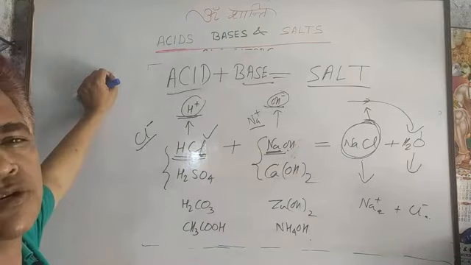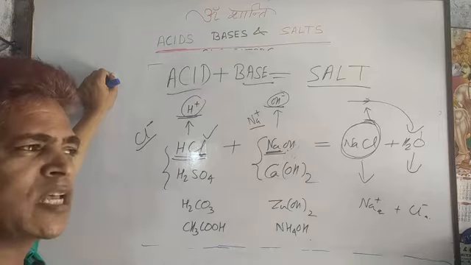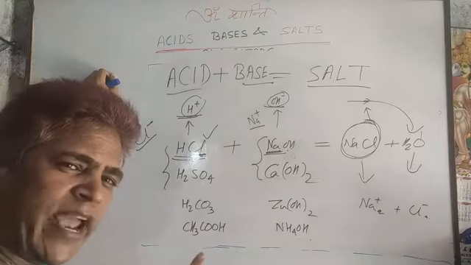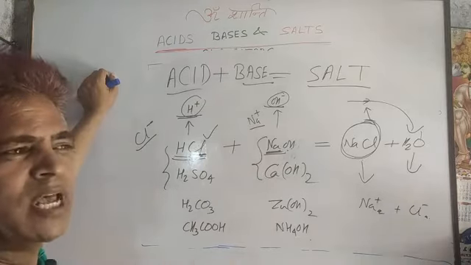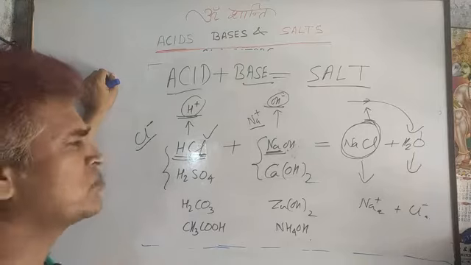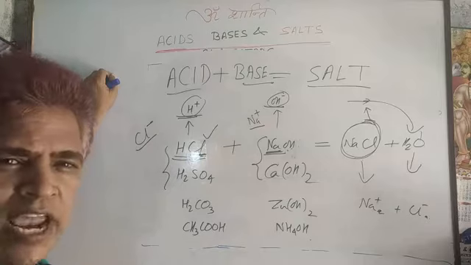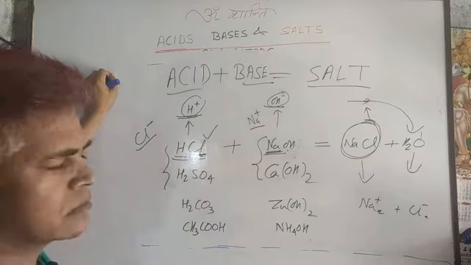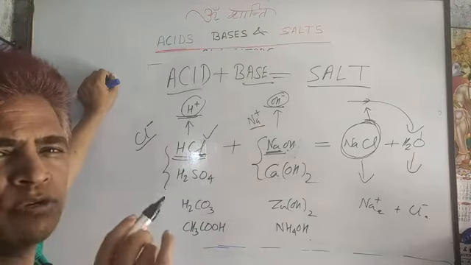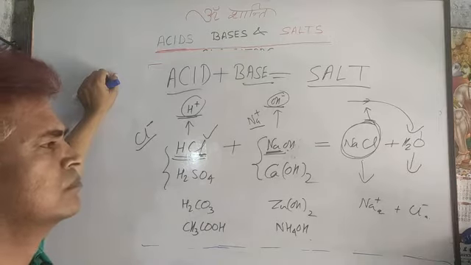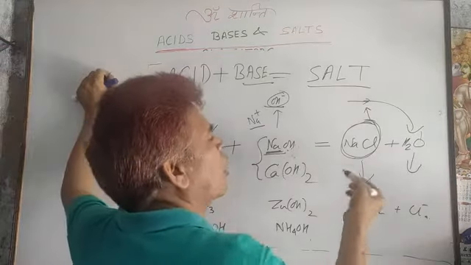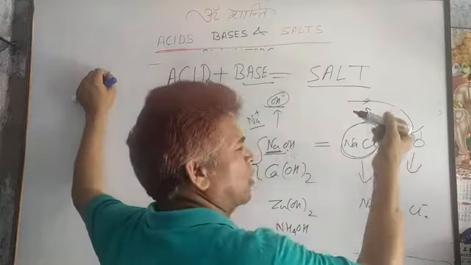So, that is neutral in nature. Acidic substance is due to the presence of H plus, and basic substance is due to the presence of OH minus. If the number of H plus and the number of OH minus are the same, that substance comes under neutral compounds, and it is also known as normal salt.